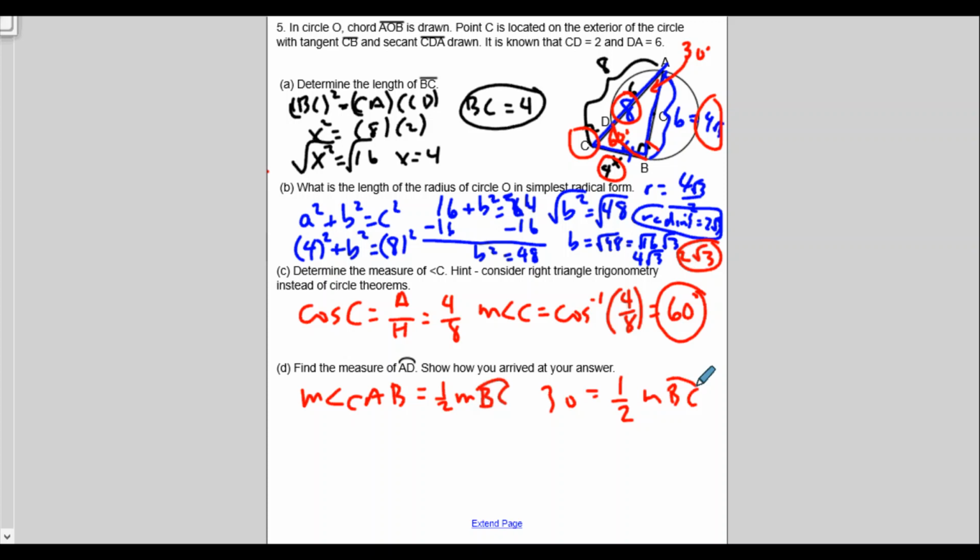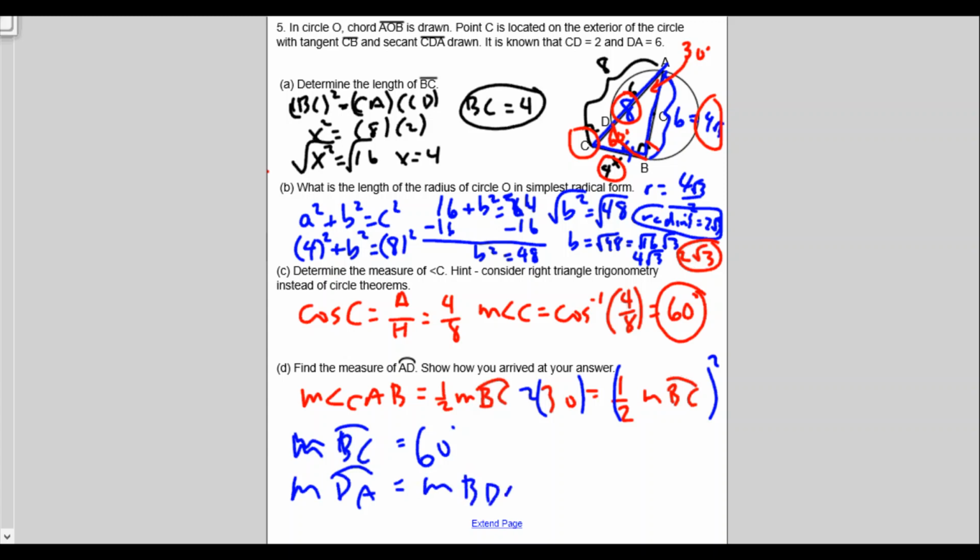Now, if I multiply both sides by 2, the measure of arc BC is equal to 60 degrees. Now, why is it helpful? Well, to find the measure of arc DA, that's equal to the semicircle, arc BDA, minus the measure of arc BD.